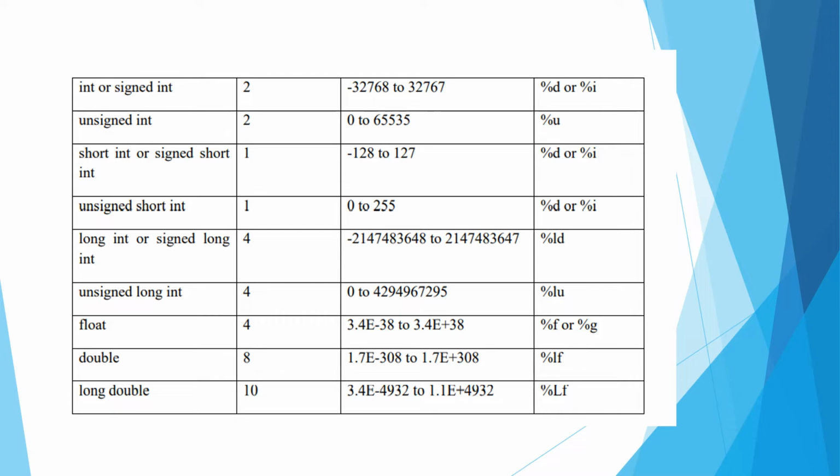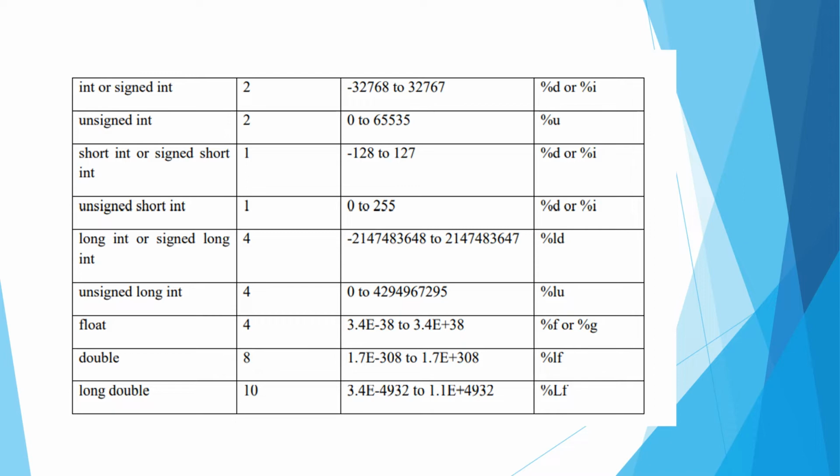Unsigned integer: the size is 2 bytes. The range is from 0 to 65,535. The control string is percentage u. Short int or signed short int: the size of this is 1 byte. The range is from -128 to +127.